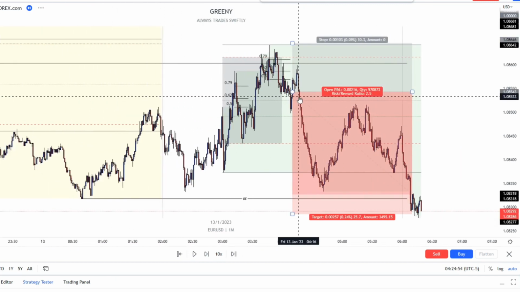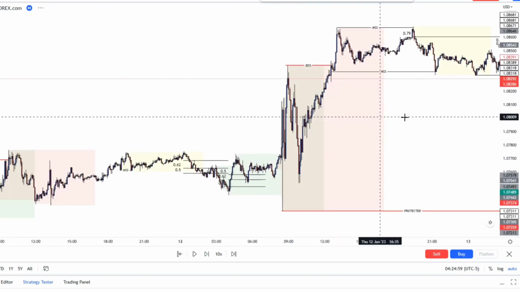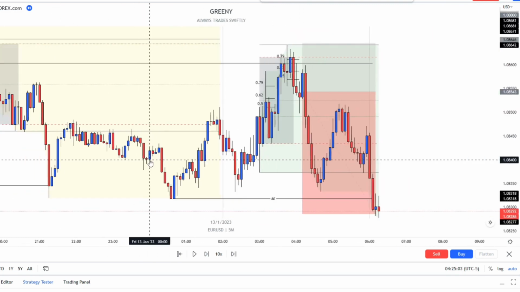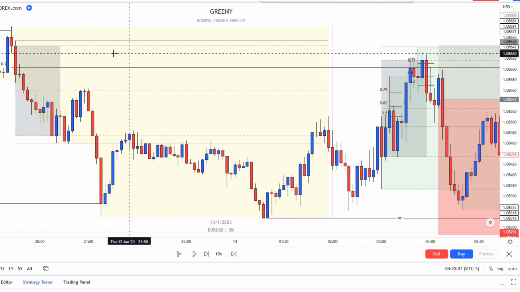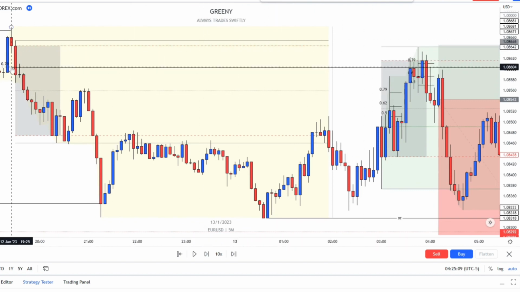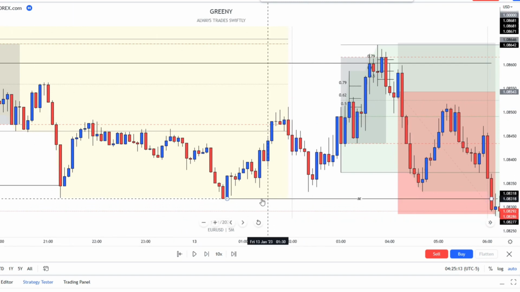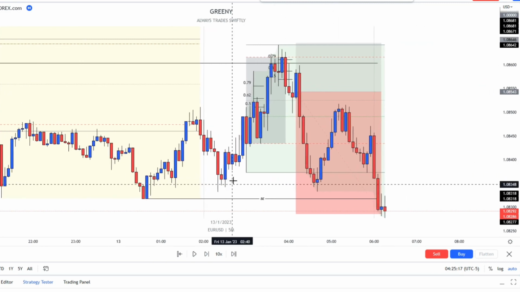So now we come into here, the 0.79 area, which the master teaches as the retirement setup. Anything above here is something that you will look to short, in this case, to the low of the ADR session.